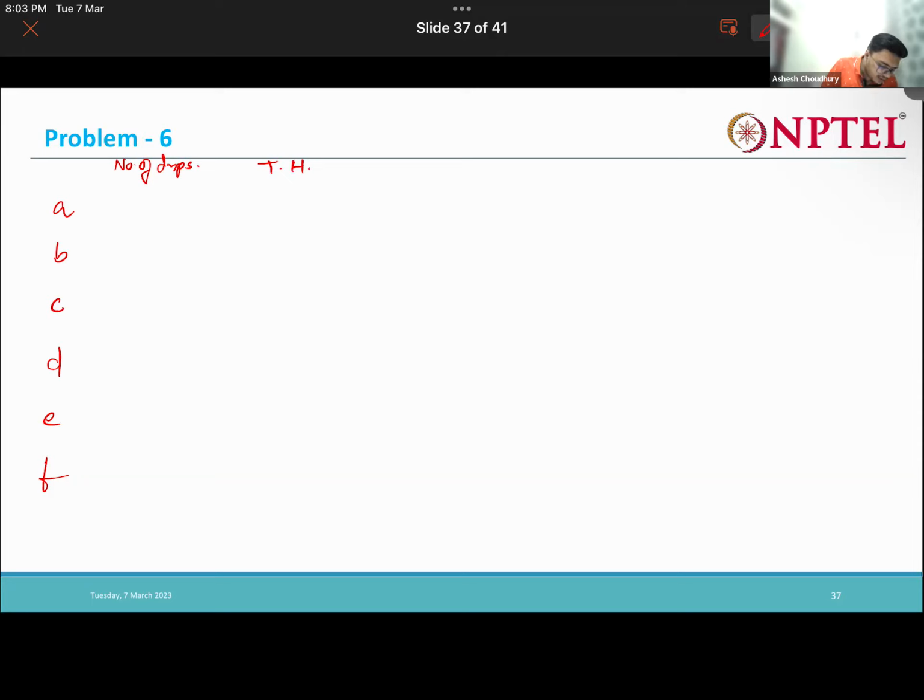Then we will have total head. Total head will be nothing but 6 minus the number of drops into the hydraulic gradient.